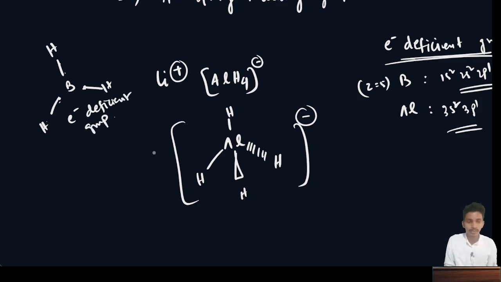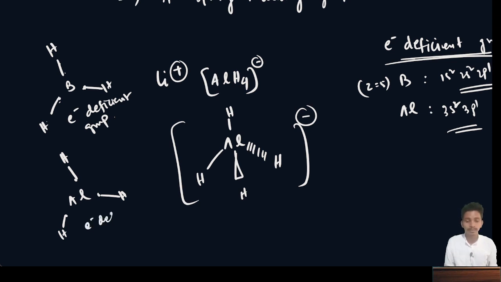Similarly, aluminum is also such a group. It has 3s2, 3p1, so here also 3 electrons are there. If it is shared with 3 hydrogens, its octet is still not completed; 2 electrons remain.